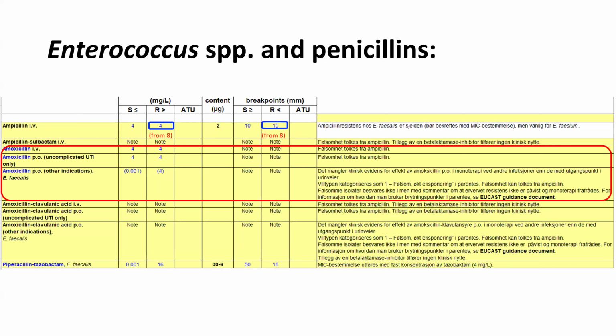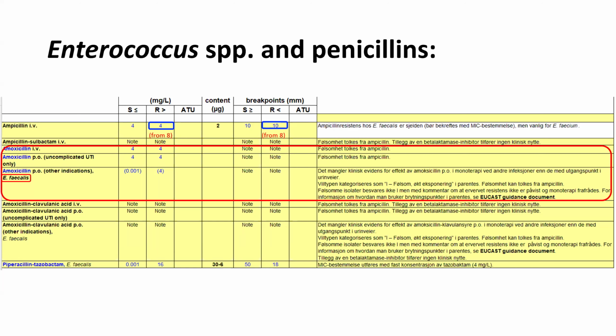So we have a breakpoint for IV, all indications, but for oral amoxicillin, the breakpoints are only for uncomplicated UTI. If we have other indications, first of all, it's only for E. faecalis, and it's breakpoints in brackets with a wild type I. So that's new and probably will cause a little headache in your laboratories.